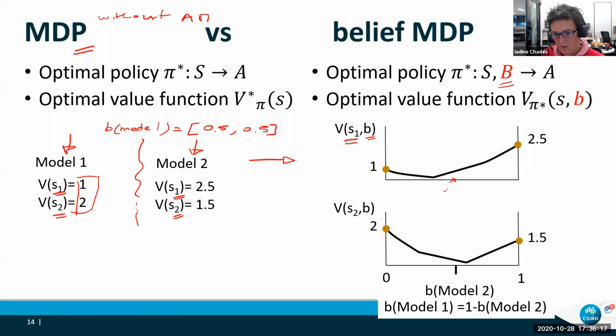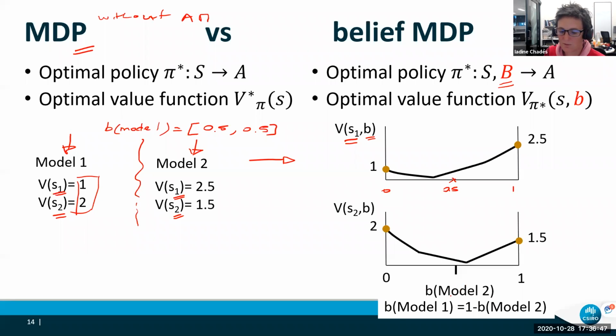This would be 0.5, this would be 0, and this would be 1. And so that axis here represents the belief that model 2 is true, the probability that model 2 is true. I just need to represent one belief because we can get the probability that model 1 is true just by taking 1 minus the belief in model 2.